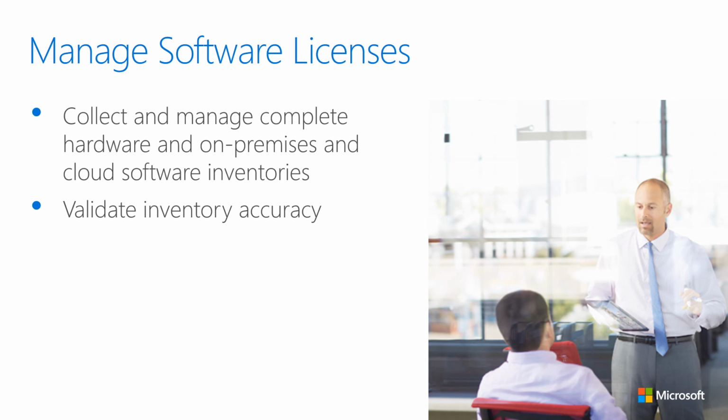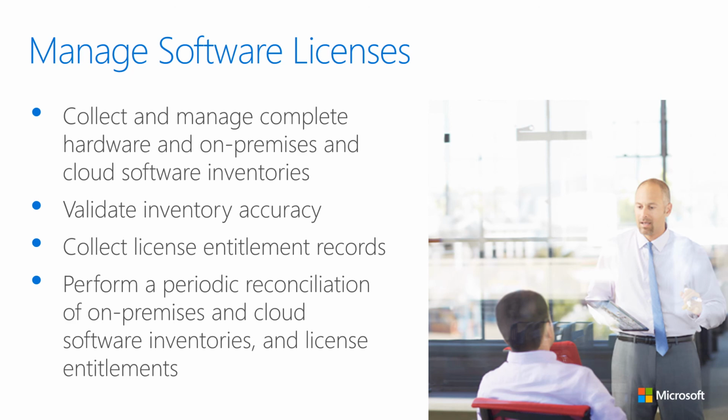We talked about comparing user counts to HR employee records, for example. The next area is gathering license entitlement records, and here you'll need to know about VLSC and the MLS, as well as required proof of purchase for FPP and OEM software too. And finally, reconciliation, where the typical output is that effective license position report.